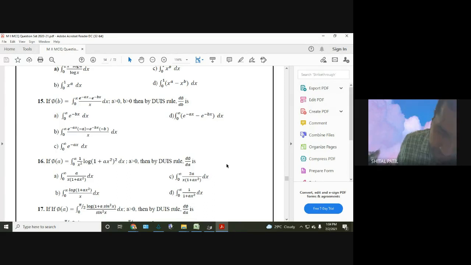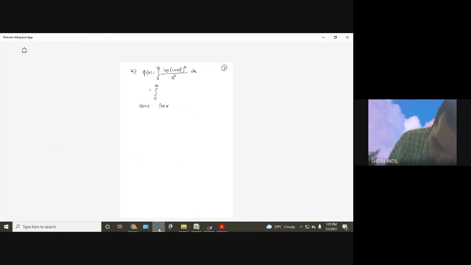Okay, no problem. So we want to find d phi by dA. Before that, you simplify this, right? So I'm using this formula: what is log of alpha square? 2 log of alpha. I'm using that in the numerator.